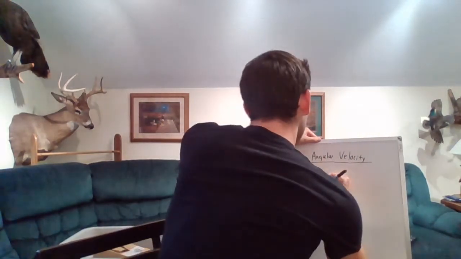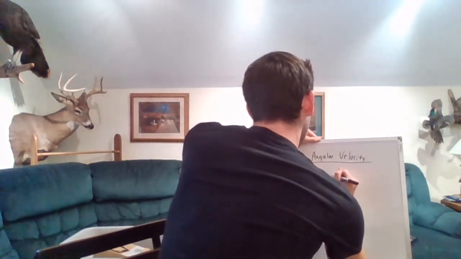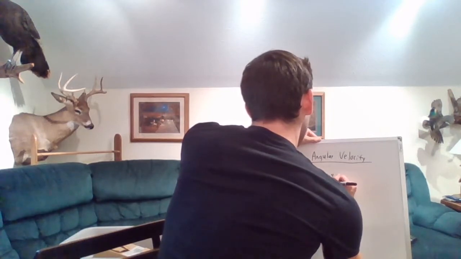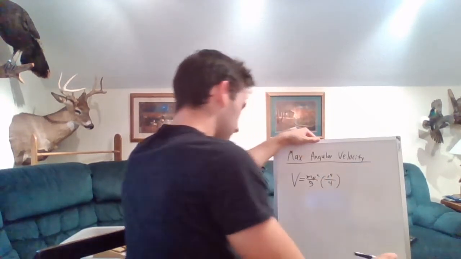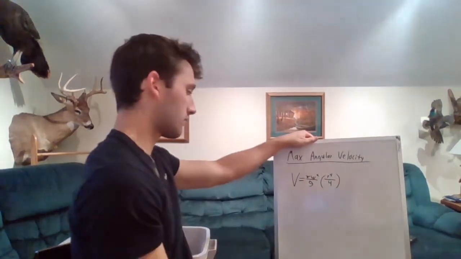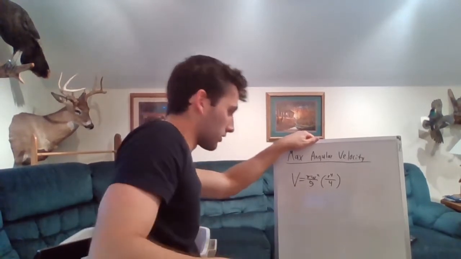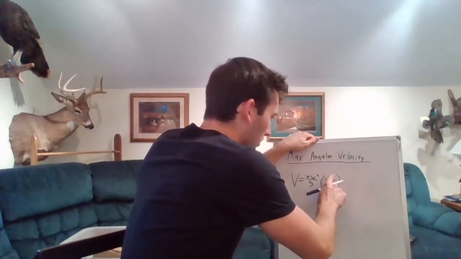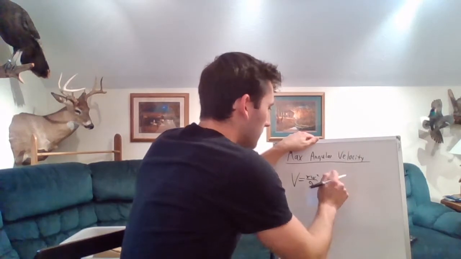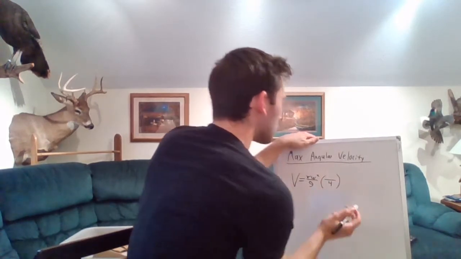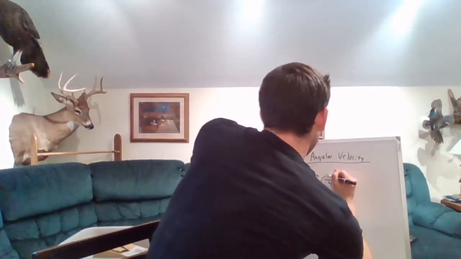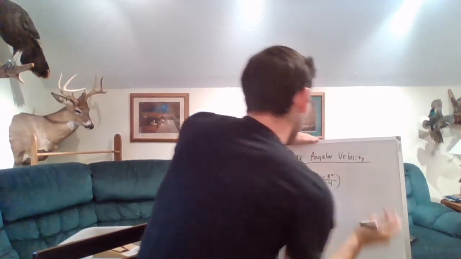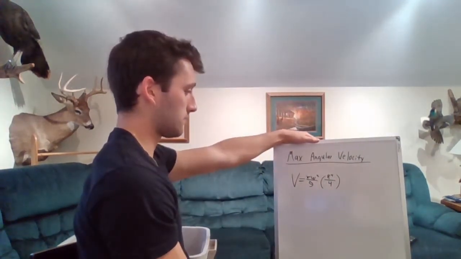So we'll have this multiplied by r to the 4th over 4. And since we'd be integrating from 0 to big R, it would become big R to the 4th over 4.